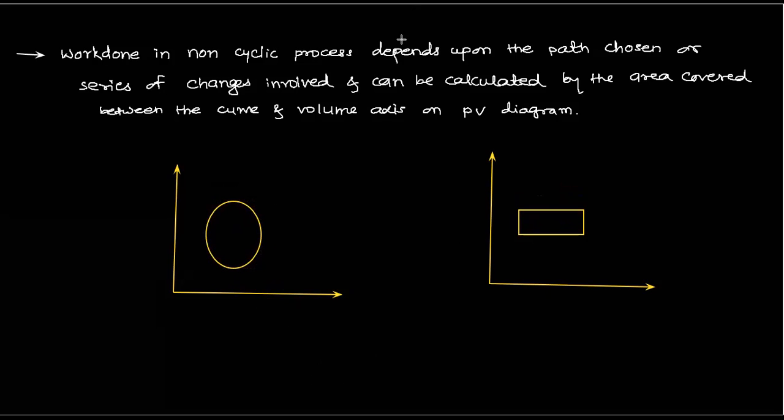So wait, let me finish first. This is A, this is B, and this one is C. Obviously, this side is P, and here is V.